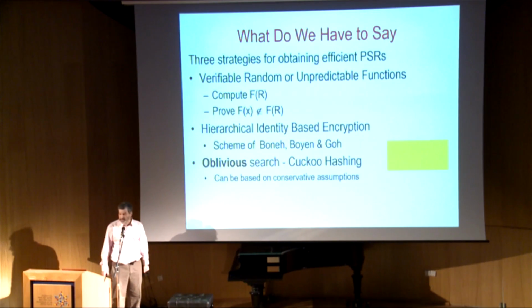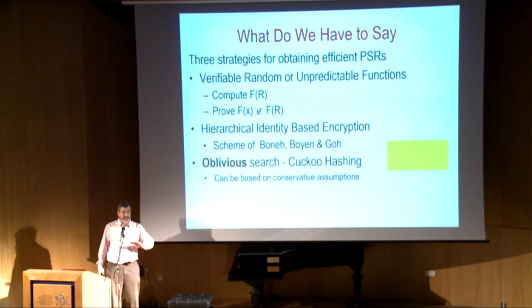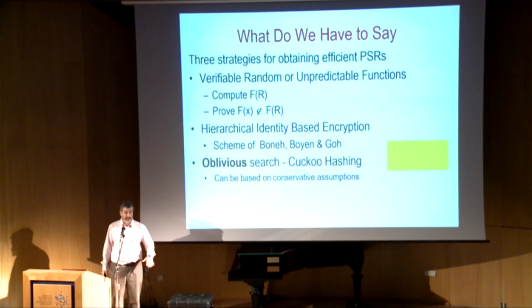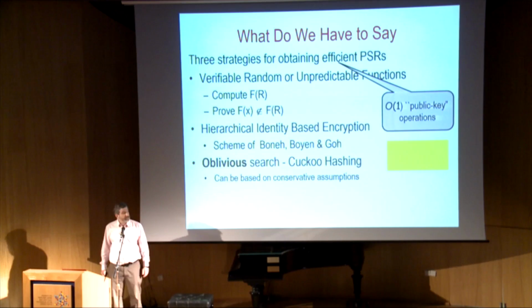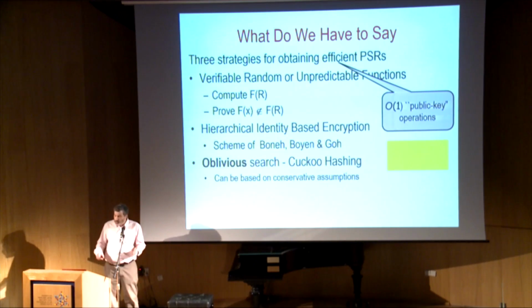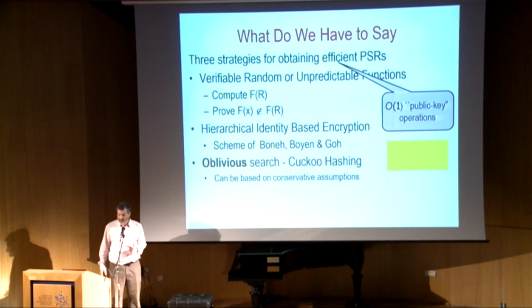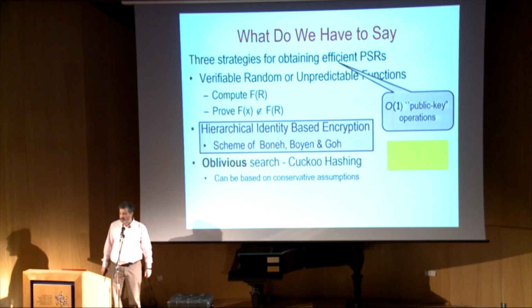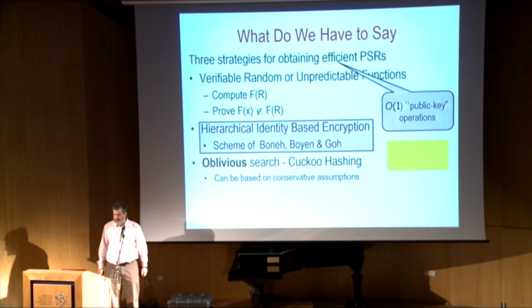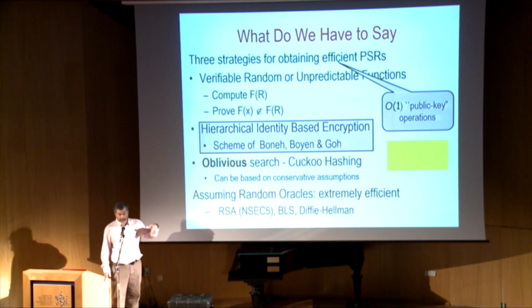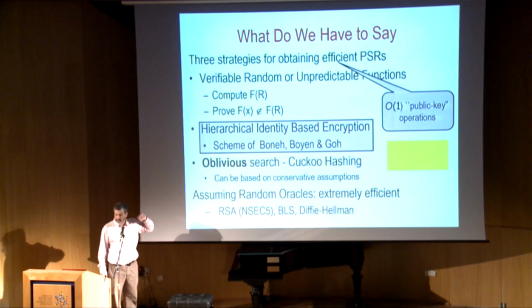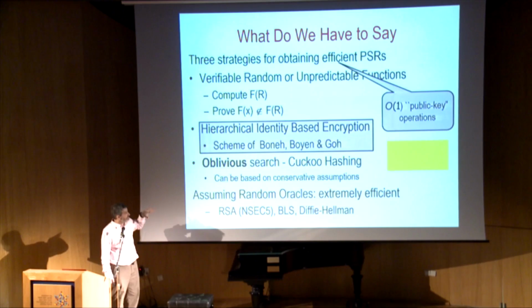One advantage it has is that it can be based on very conservative assumptions, discrete log, factoring, nothing more than that. And by efficient, we mean something like order one public key operations. As I said, I'm going to describe the HIBE one. We also have, more in the line of the verifiable random function, constructions based on random oracles, which are extremely efficient.